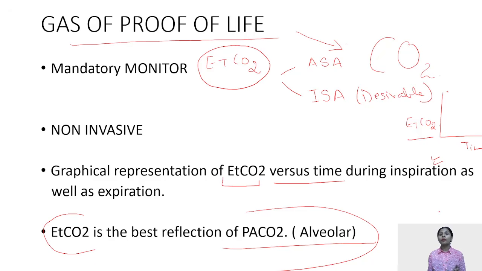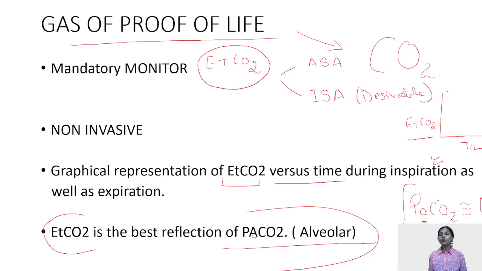And majorly we take it that our arterial carbon dioxide is also more or less equal to our end-tidal carbon dioxide. So I want you all not to get confused with these three terms: small a, that is arterial carbon dioxide, capital A, that is alveolar carbon dioxide, and EtCO2, that is end-tidal carbon dioxide.